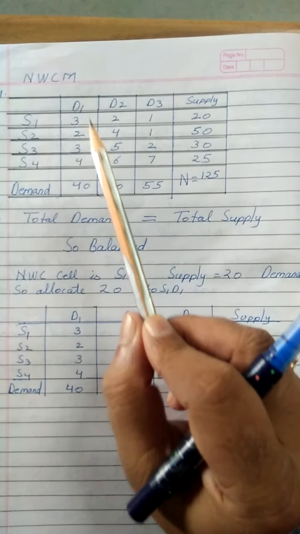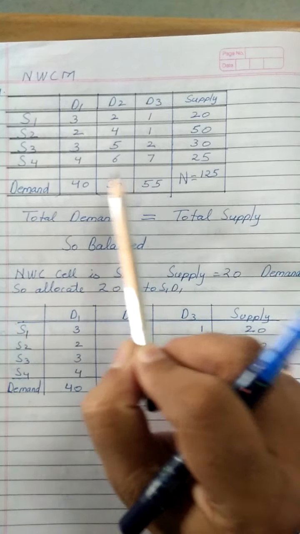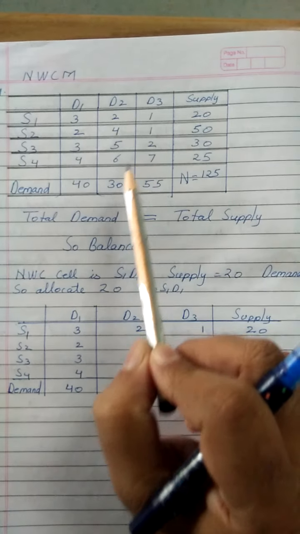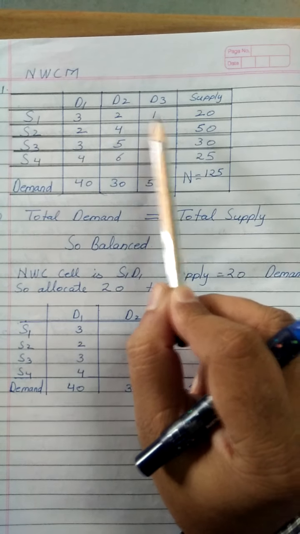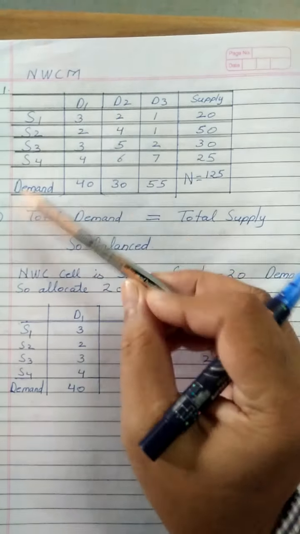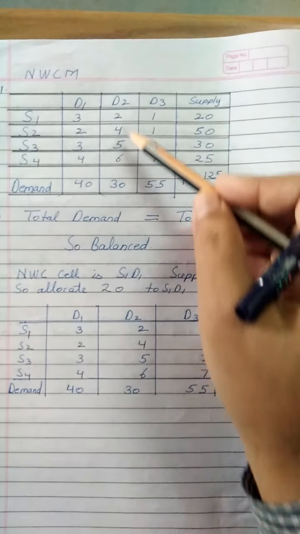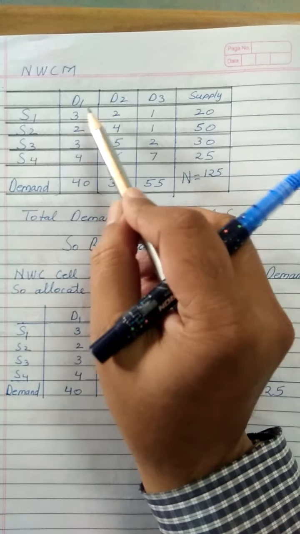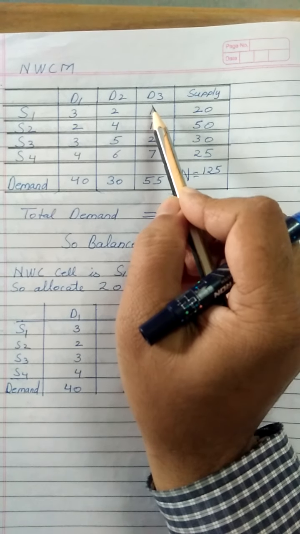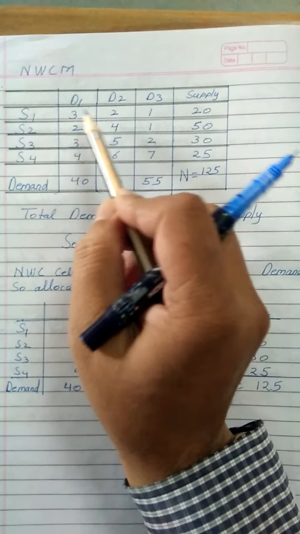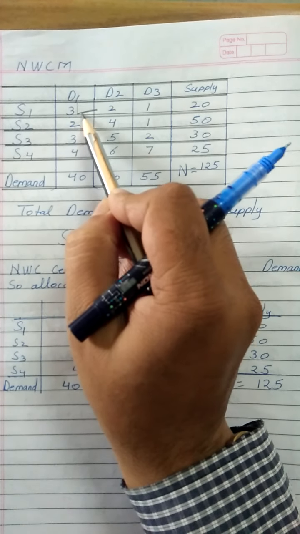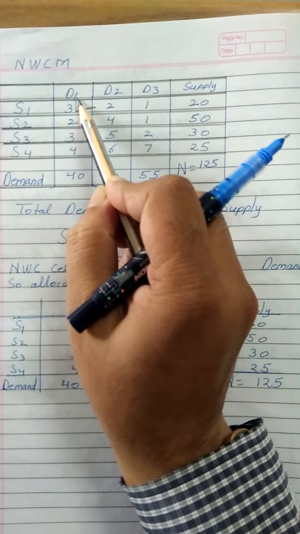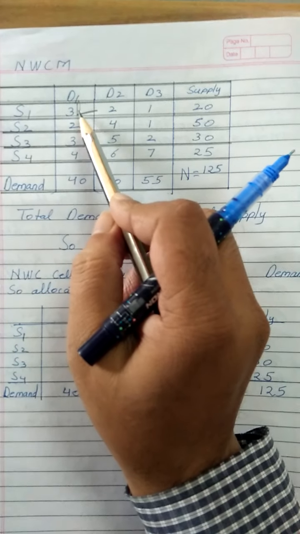So out of these cells, select that cell which is to the north, means top, and to the west. So north is the top row, that is S1. We have 3 cells. Again west, that is towards the left. So this is that cell where we can make the allocations.